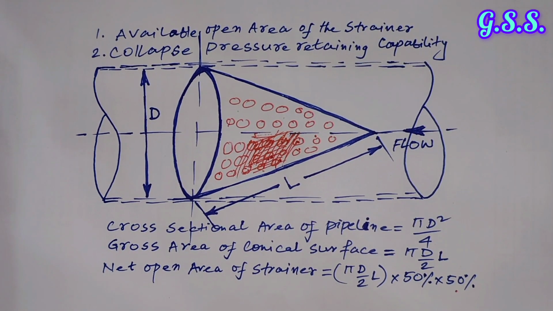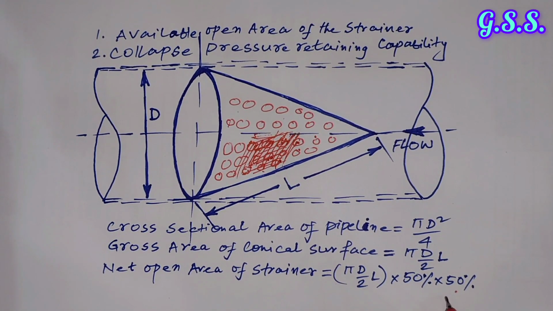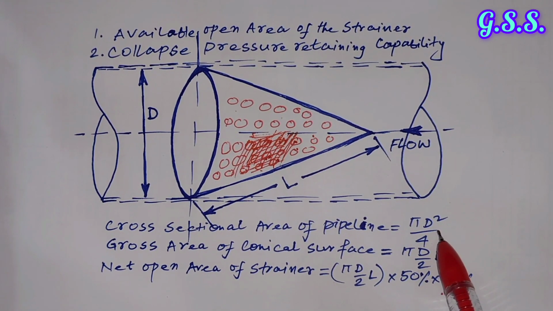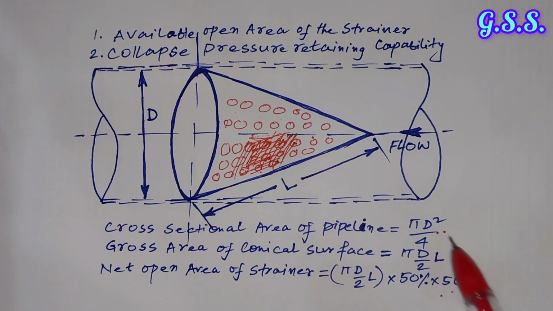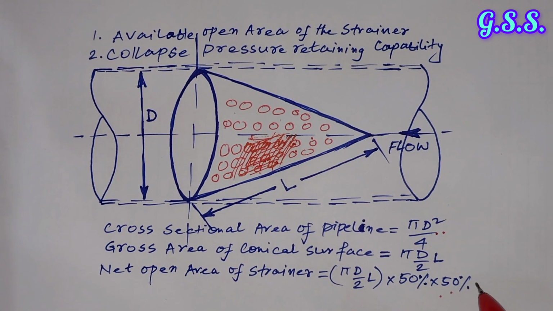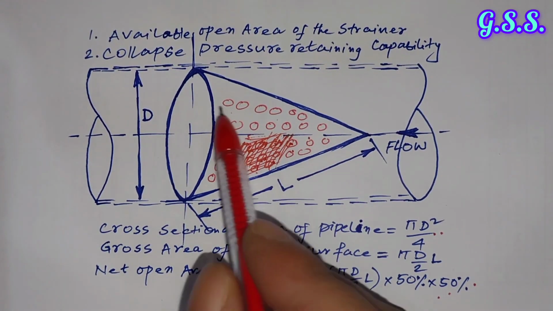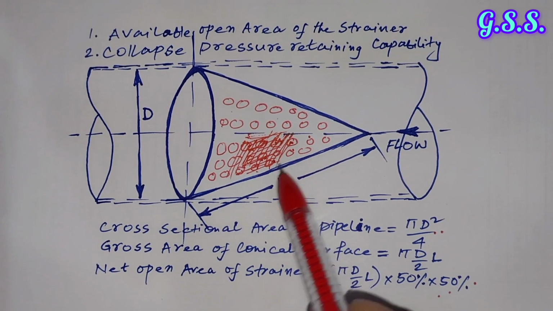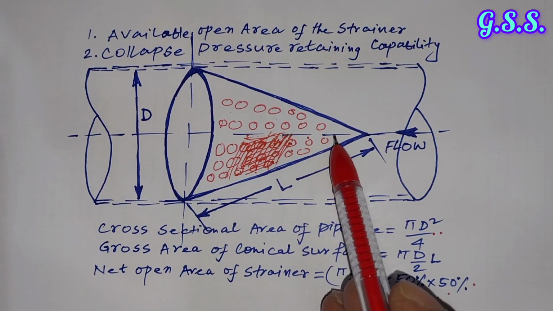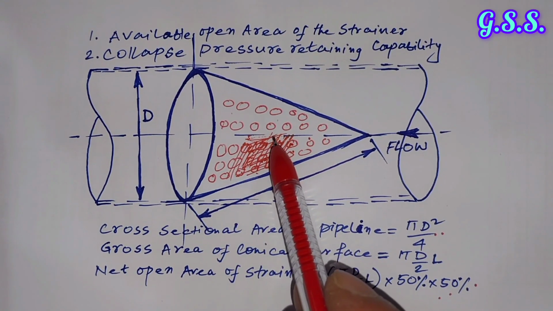As per good engineering practice, this net open area of the strainer should be 2 times the cross-sectional area of the pipeline. If the cross-sectional area of the pipeline and the strainer open area are the same, then actually when we use the conical strainer, at first use it becomes clogged.